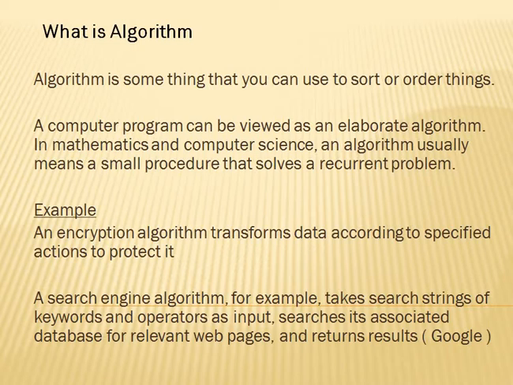Let me give you two examples where we can use an algorithm. The first example is the encryption algorithm. Whenever in computer science we transfer data from one position to another and the data needs to be secure, we use an encryption algorithm. It is a way to encrypt the data when we are transferring it from one place to another.